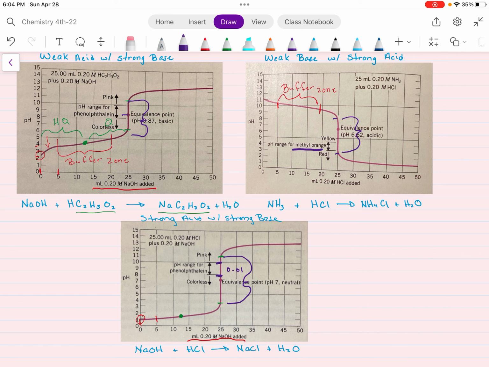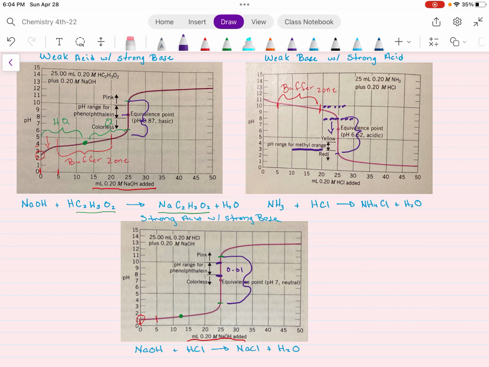Because remember, you're adding in this direction, so the pH is going in this direction. You want something at the end of your equivalence point and not something before. If you were to use phenolphthalein, it would have a range from here to about here, and that wouldn't work for you, because you'd still be adding before you hit the endpoint. So methyl orange in this situation would be the ideal indicator.